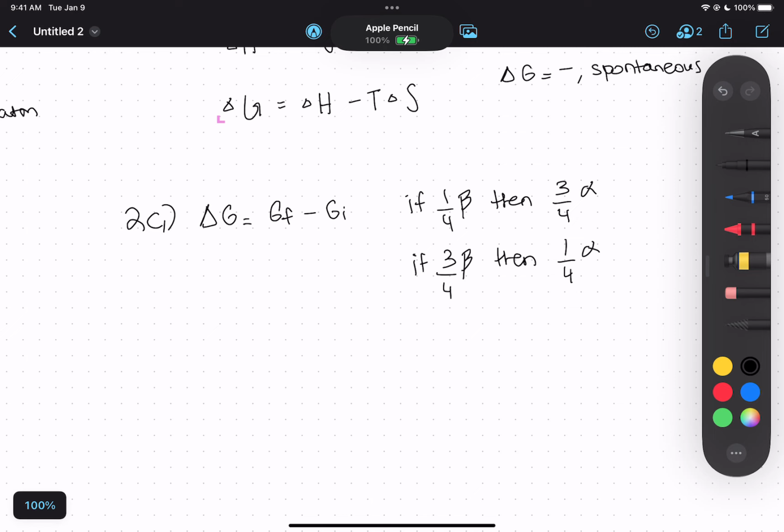Going by that idea that not every reaction goes to completion, and they're telling us clearly here that it isn't going to completion, we should have a mix going on. So we should have in our final state some beta glucose, and as we said, if you have 1/4 of the glucose as beta, then 3/4 should be alpha. So what should we say for our final state? If we were to write an equation for the final state, like GF, if we said GF is equal to something.